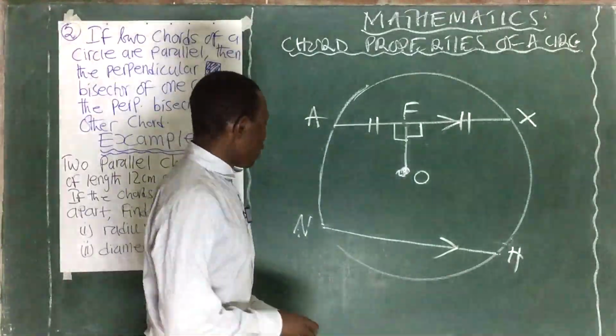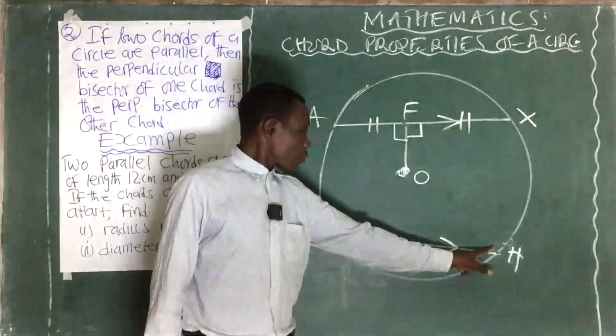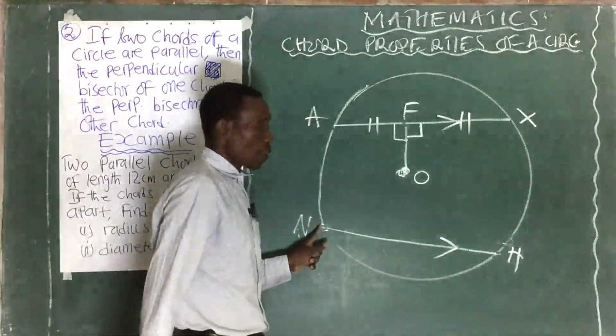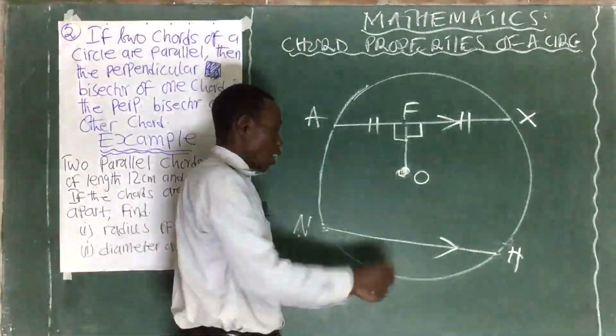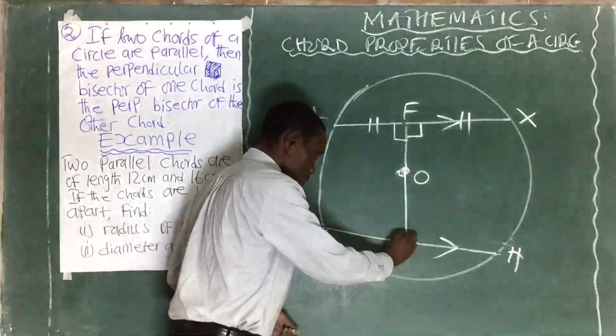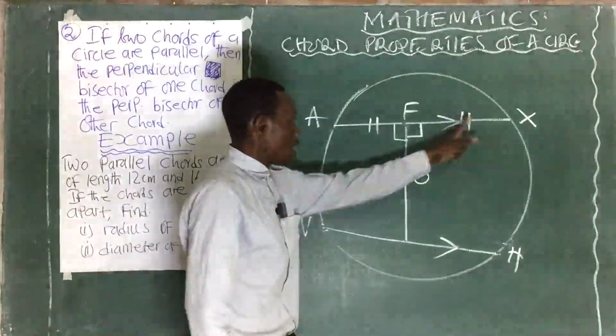And again, if we now consider the other chord, NH, and consider a line again from the center to that chord, and that line is also perpendicular to the chord, as OF is perpendicular to AX.